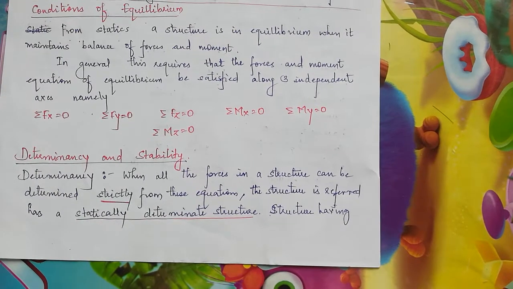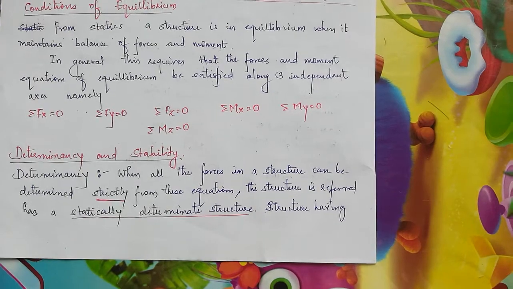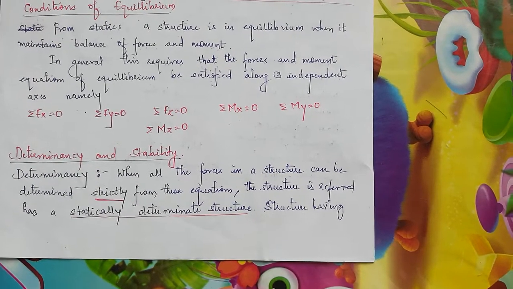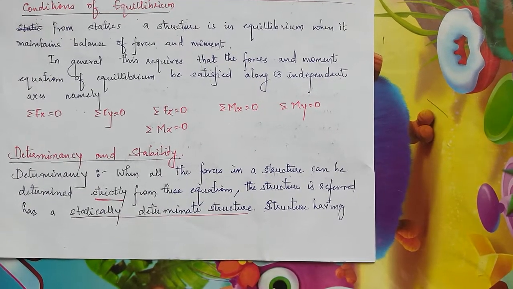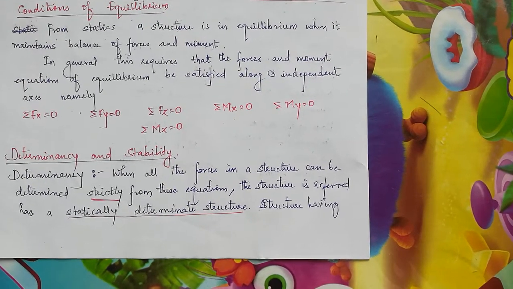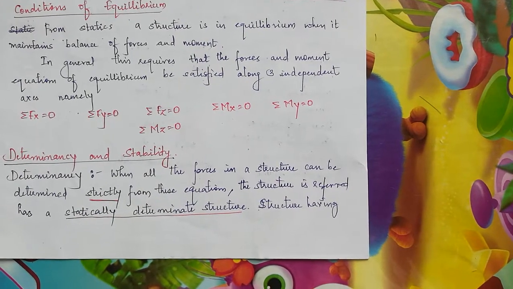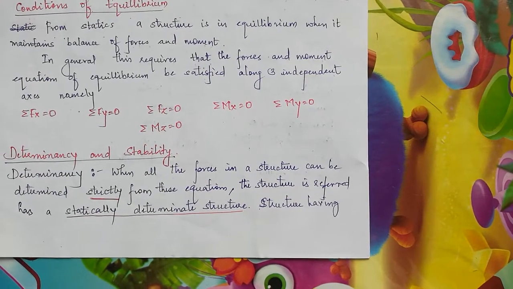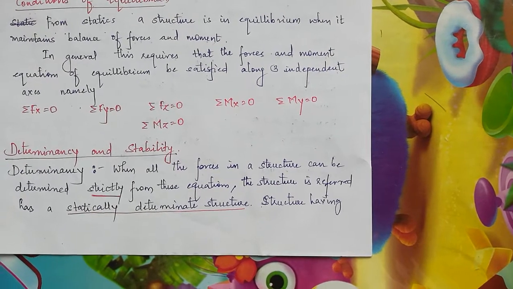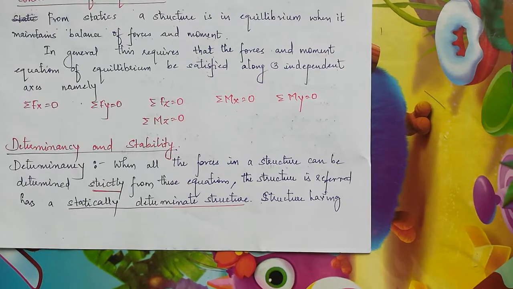When it is a plane element, we take three equilibrium conditions, that is summation Fx, summation Fy and moment along z direction. So we will be considering three equilibrium conditions when we are dealing with a plane structure. When we are dealing with a space structure, we will be having 6 equilibrium conditions.